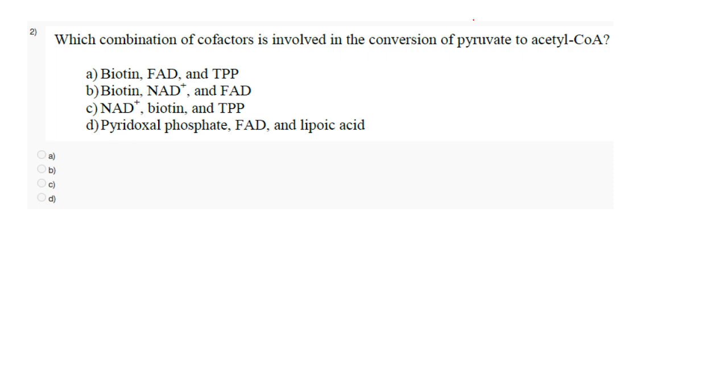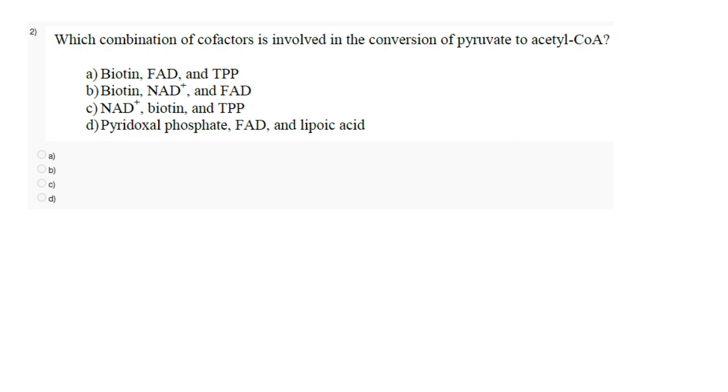So next question we have: the combination of cofactors involved in the conversion of pyruvate to acetyl coenzyme A. It is biotin, FAD or TPP; biotin, NAD plus and FAD; NAD plus, biotin and TPP; pyridoxal phosphate, FAD and lipoic acid.